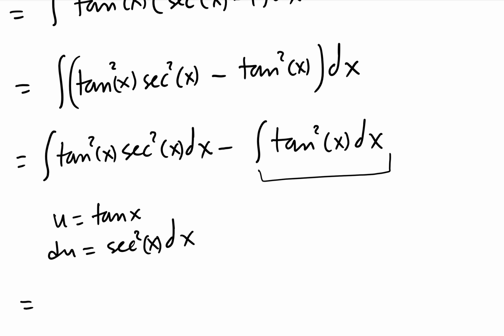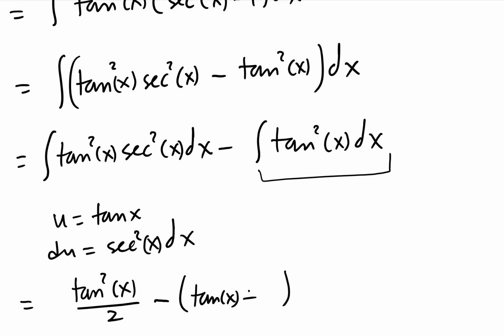U du means u square over 2. So that's tangent square x over 2 minus, we found the integral of that one, tangent x minus x, when we integrated tangent squared, plus c.